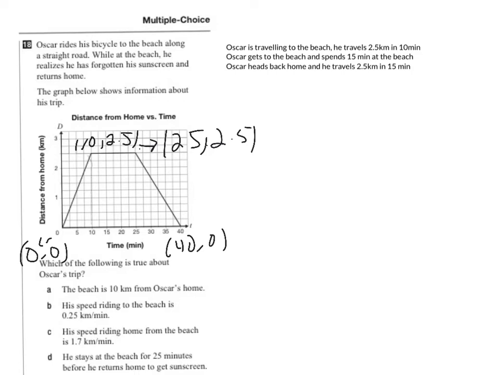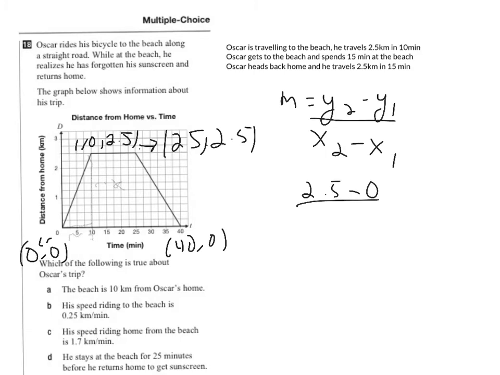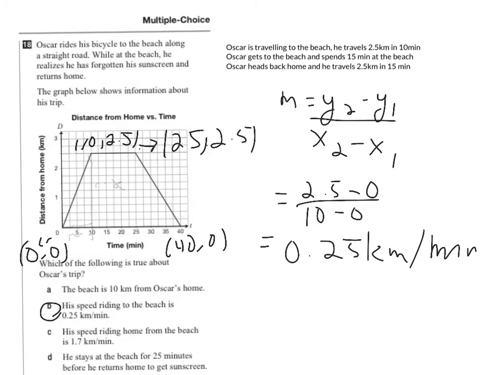Another way you can do it is rise over run. So m is equal to y2 take away y1 over x2 take away x1, and we have our points. So we have 2.5 take away 0 over 10 take away 0. Okay, so we know B is the one that's true.